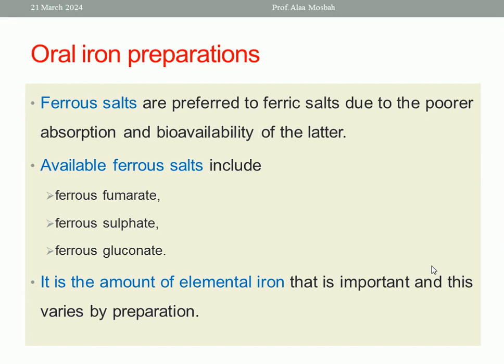Available ferrous salts include ferrous fumarate, ferrous sulfate, and ferrous gluconate, and you should know that it is the amount of elemental iron that is important, and this varies by preparation. So each salt gives different elemental iron, which is the most important.